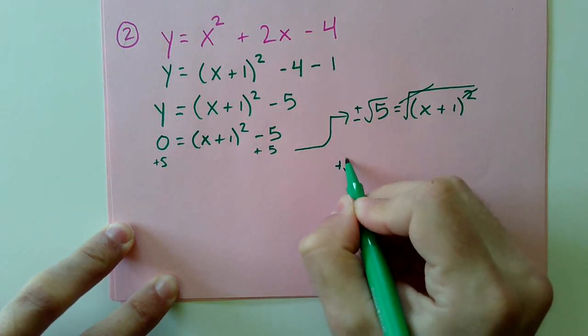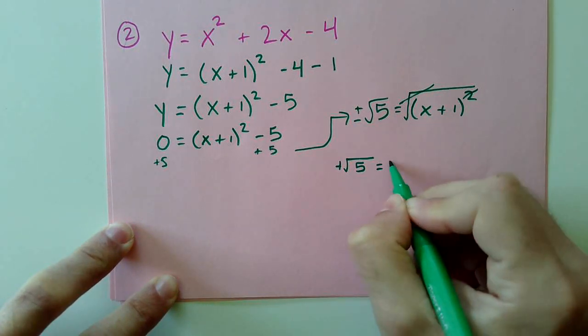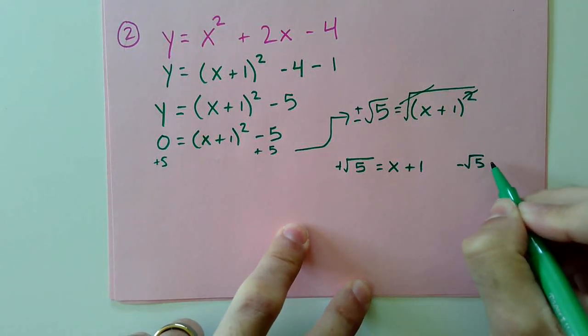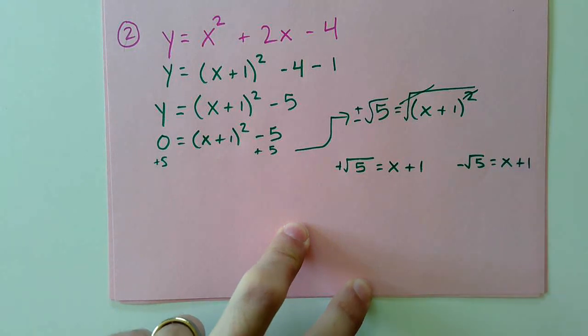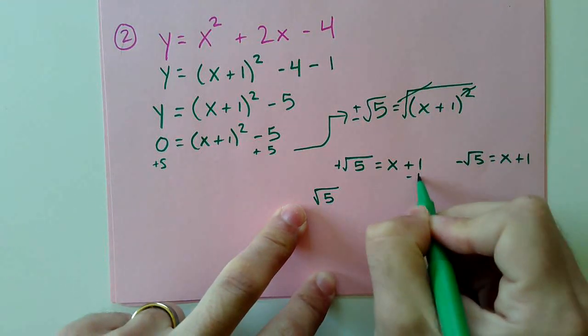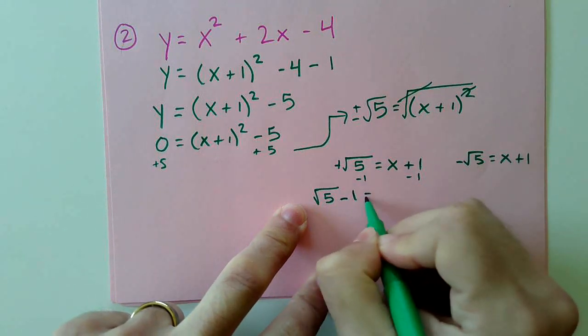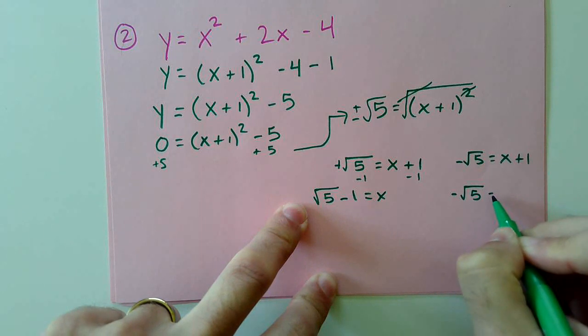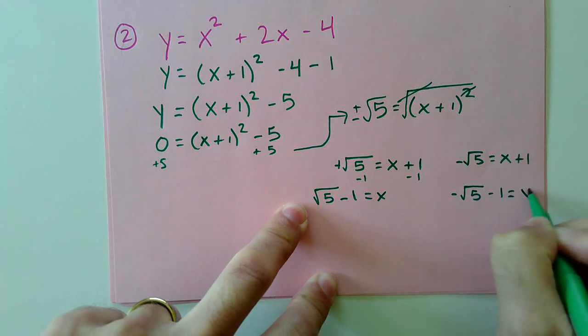The positive square root of 5 equals x plus 1. Then I'm going to have the negative square root of 5 equals x plus 1. Solving both of these: square root of 5, minus 1 equals x. Negative square root of 5 minus 1 equals x.